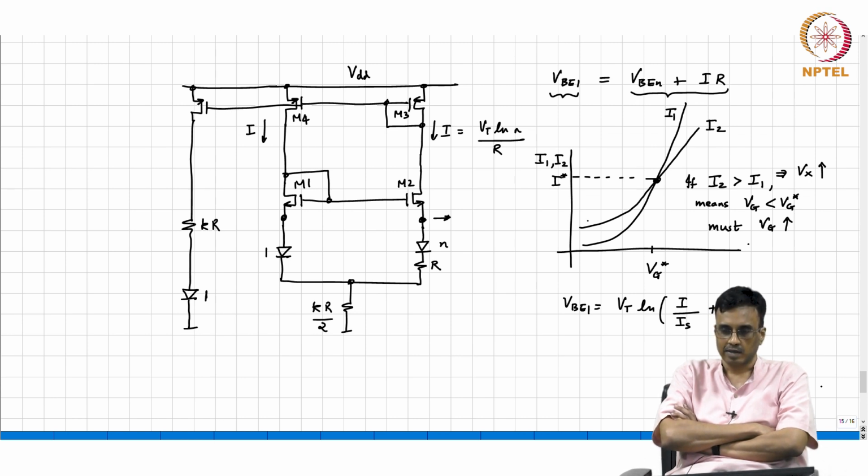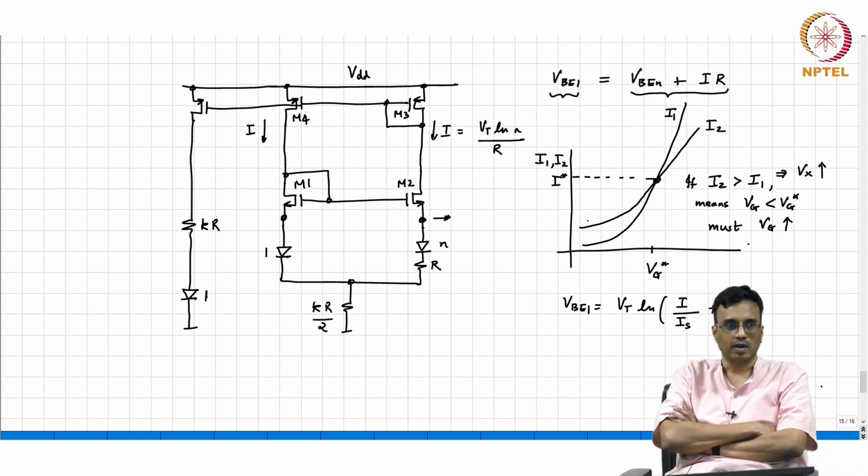So yeah, that's all I had to say about band gap references. This is just to give you a flavor of how op amps can be used to design lots of nifty little circuits, and it's not for nothing that op amps are called the workhorse of analog engineering, right?